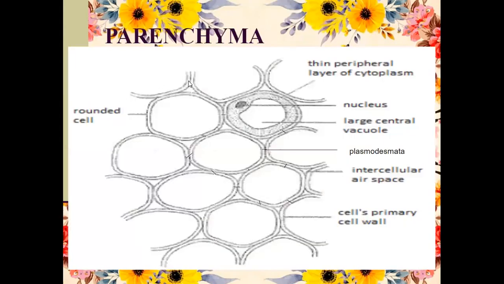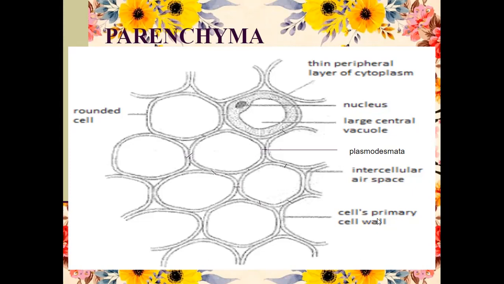The parenchyma cells are oval, rectangular, triangular, irregular, or polygonal in structure. Each parenchyma cell contains a proper cell wall.